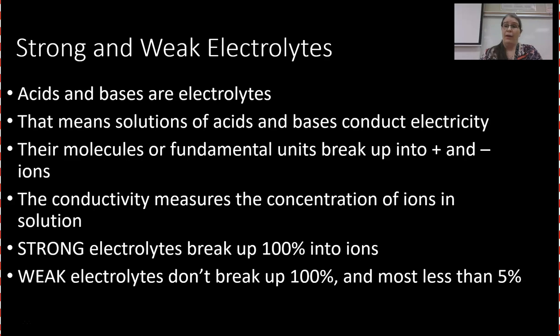So weak acids and weak bases are also weak electrolytes. We can think about how that corresponds with what we saw of the conductivity of our strong and weak acids and bases. Even though they were all very close to the same molarity, the same concentration, we saw that our strong acids and bases had much greater conductivity than our weak acids and bases. And that's because they are strong electrolytes.